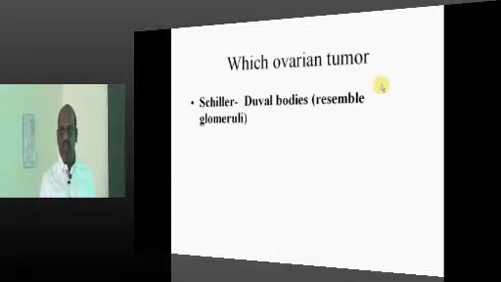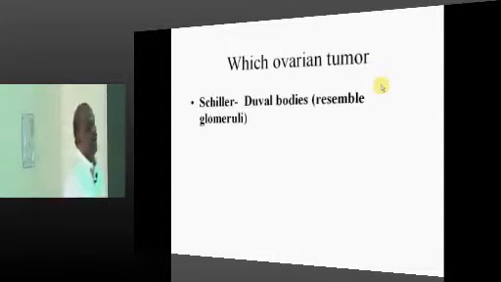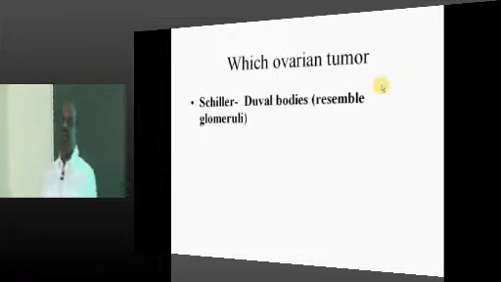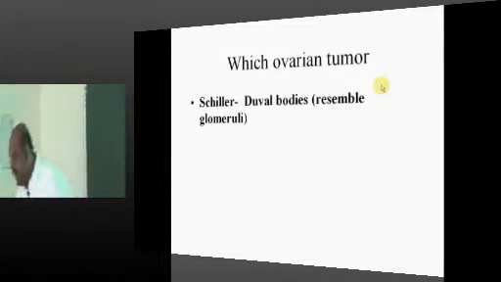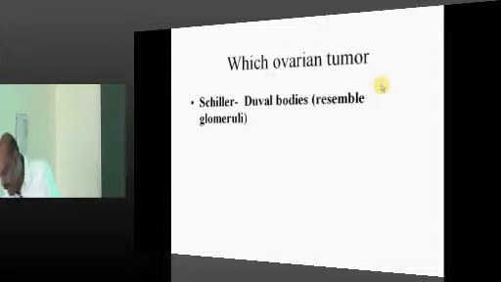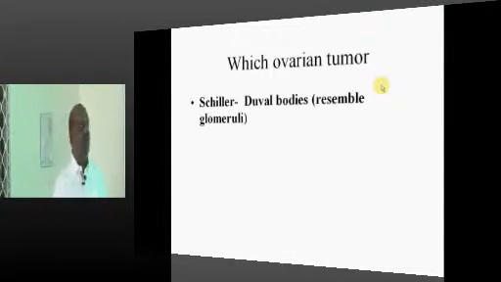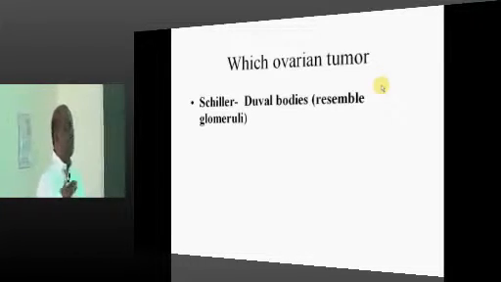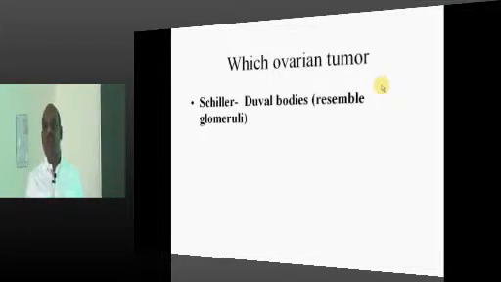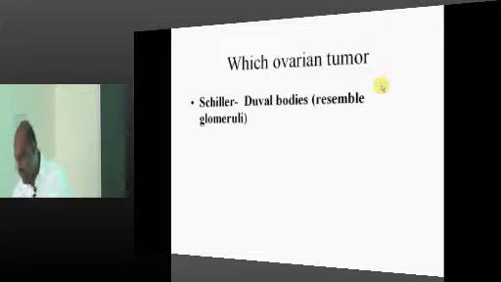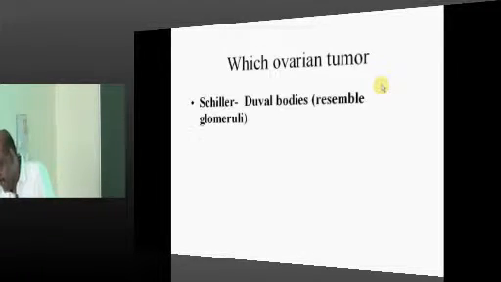Schiller Duval bodies, which resemble glomeruli. They are typically seen in which ovarian tumor? Who is going to give me a confident answer?